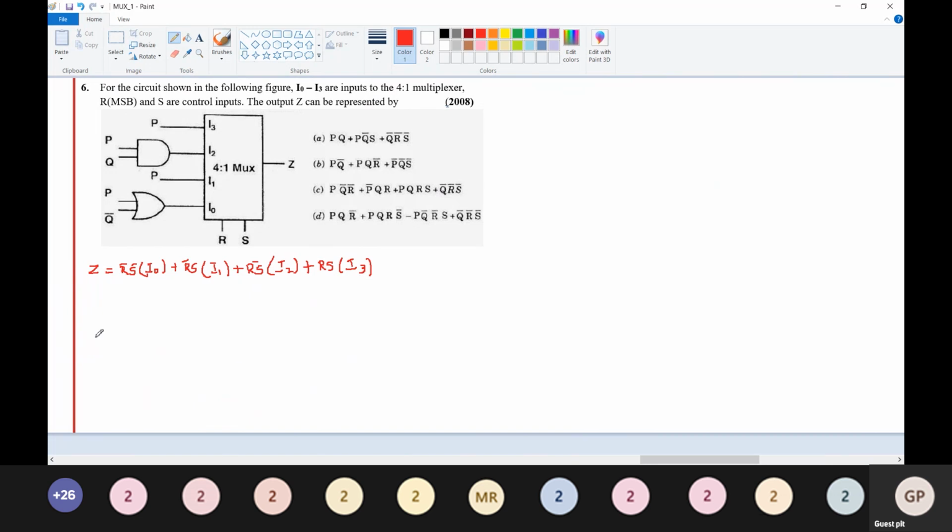Okay. So now we are going to write the corresponding values of the inputs here. So R dash S dash into what is the value of I naught? I naught value is P plus Q dash.